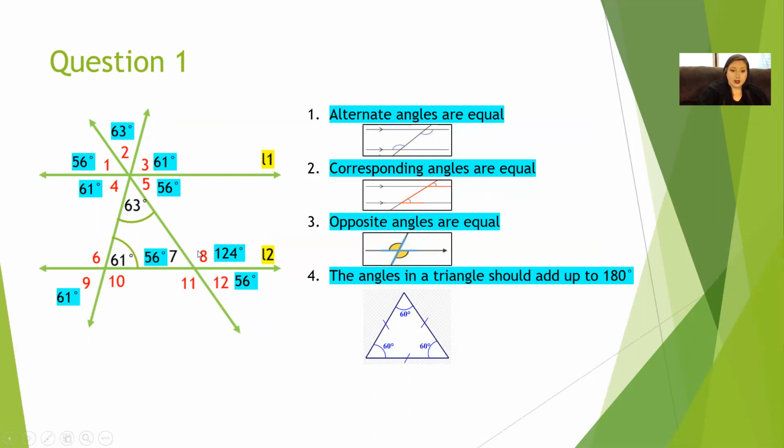Because 8 is 124 degrees, its opposite angle, 11, is also 124 degrees. We repeat this process on the other side to get 119 for angle 6, and its opposite angle, 10, is also 119 degrees.